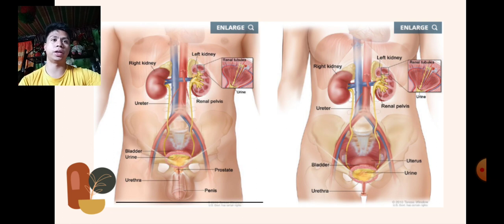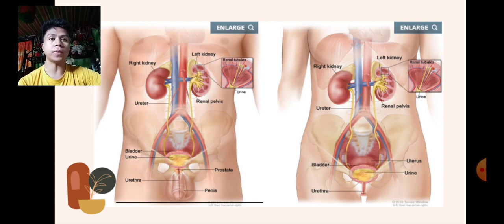And we have here two diagrams of the urinary system, of both female and male. We have the basic parts: the two kidneys, the right kidney and the left kidney, the ureters, the bladder, the urine inside the bladder, and of course the urethra.